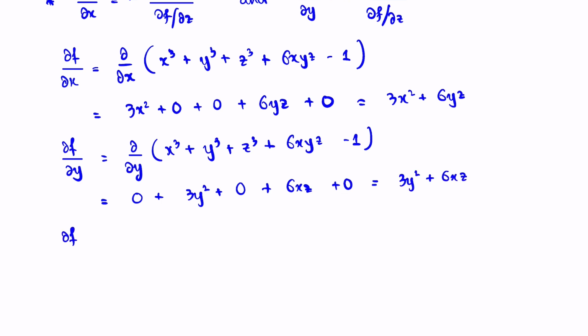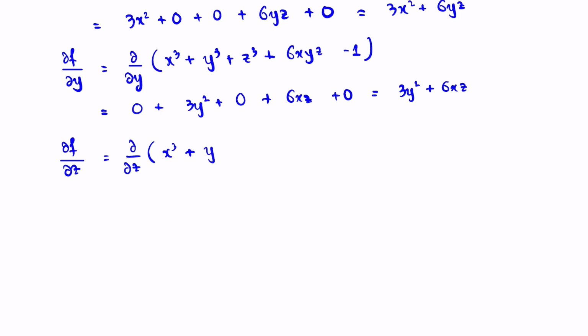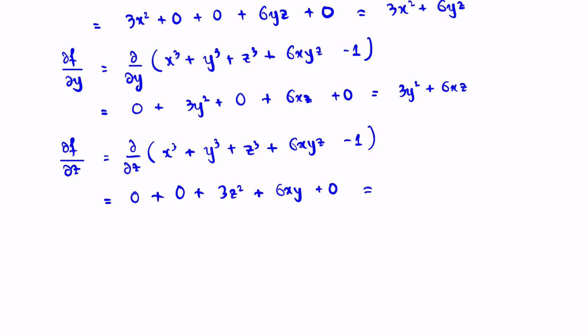And for partial f partial z, you do partial z of x cubed plus y cubed plus z cubed plus 6xyz minus 1. So in this context, x and y are constant. And you get 0 plus 0 plus 3z squared plus 6xy plus 0. And you simplify the result, you get 3z squared plus 6xy.